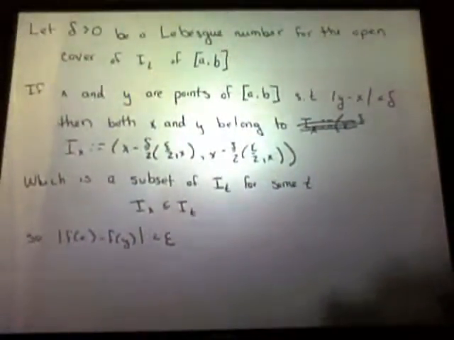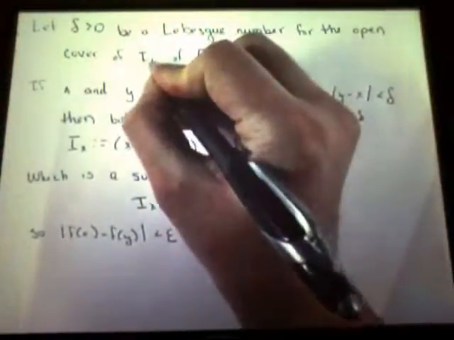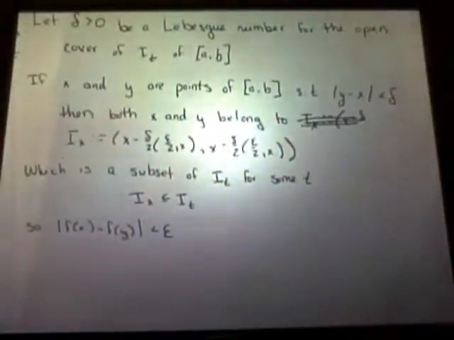So I'm going to say let delta greater than 0 be our Lebesgue number for the cover of our interval, the I_t's, which is in [a, b]. If x and y are points in [a, b] such that |y - x| is less than delta, then both x and y belong to this new interval.